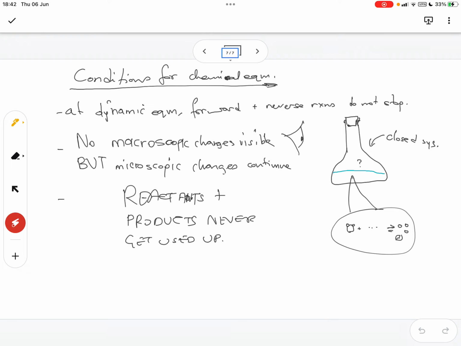Is it showing now? No. Still. But my screen is sharing. Let me stop presenting and present again.